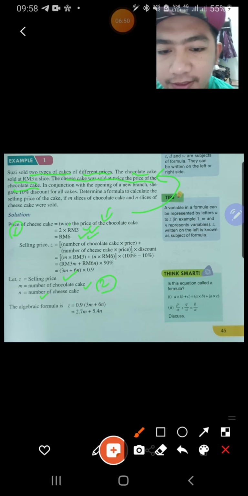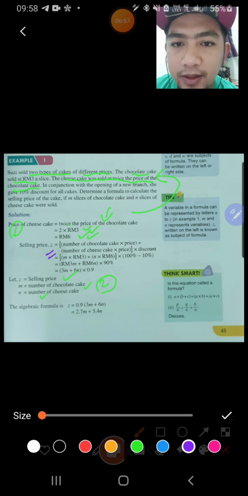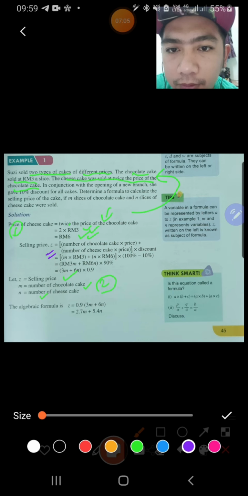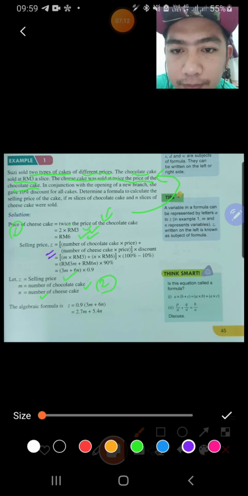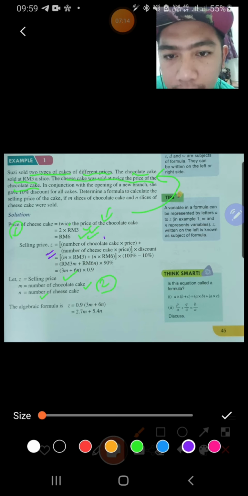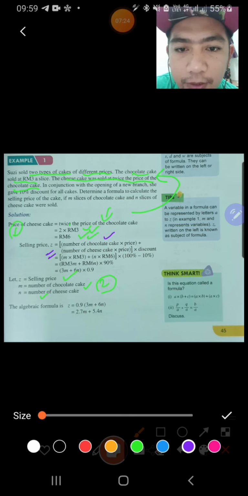The selling price is Z, after Susie does the opening for the new branch. So number of chocolate cake times price plus number of cheesecake times price, times the discount.